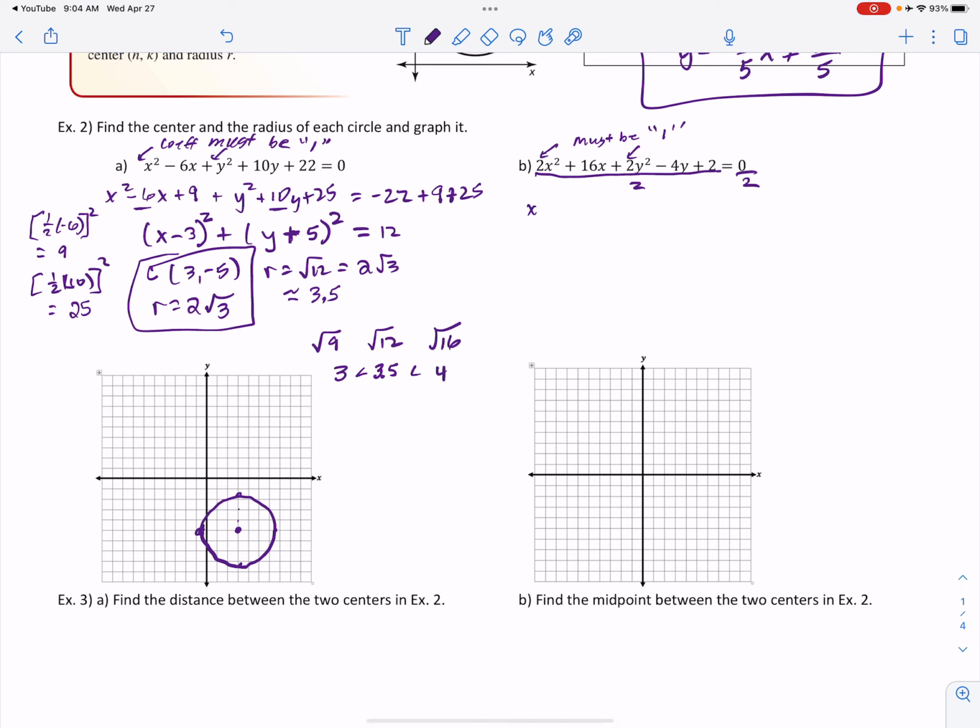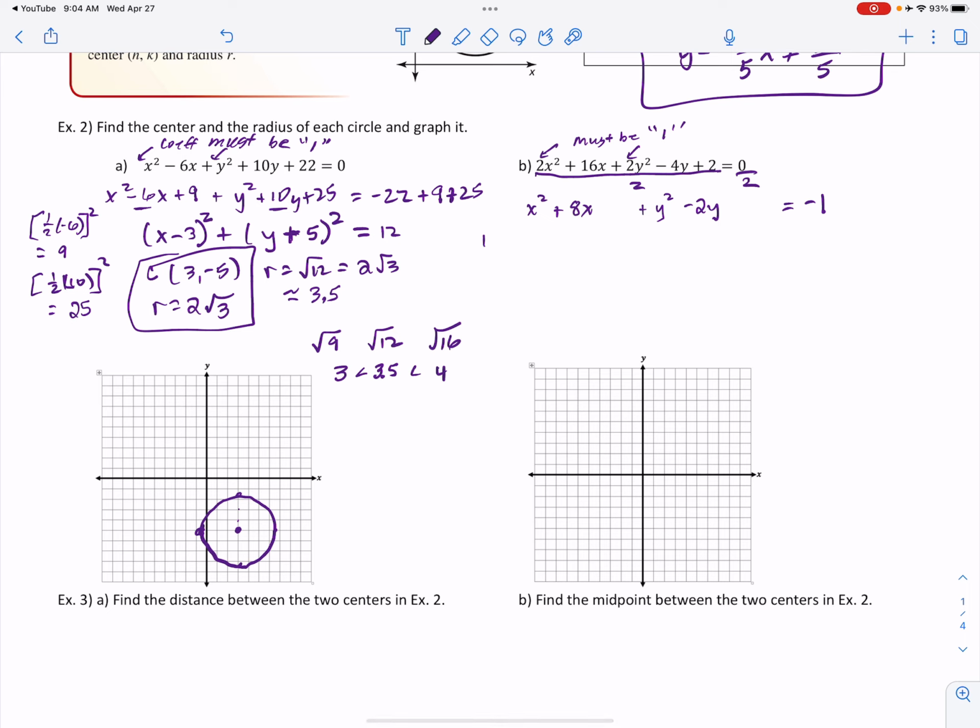So in doing this, I get x squared plus 8x, leave room to complete the square, plus y squared minus 2y. And then 2 divided by 2 is 1, and I'm just going to move that to the other side. And 0 divided by 2 is 0. I moved it to the other side in preparation to complete the square.